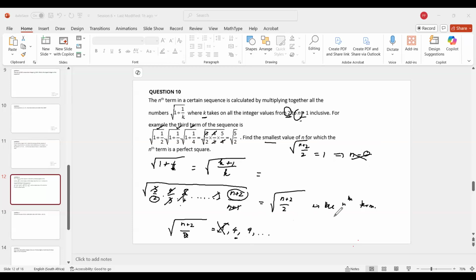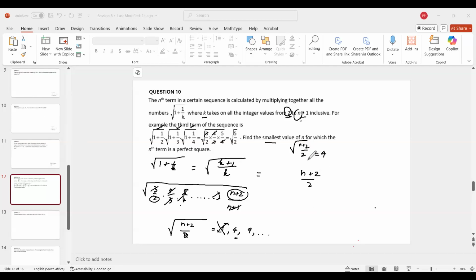Let's try 4. So this time you have the square root of n plus 2 over 2 is 4. And let's try to calculate n in this case. To get rid of the square root sign, you have to square on both sides.